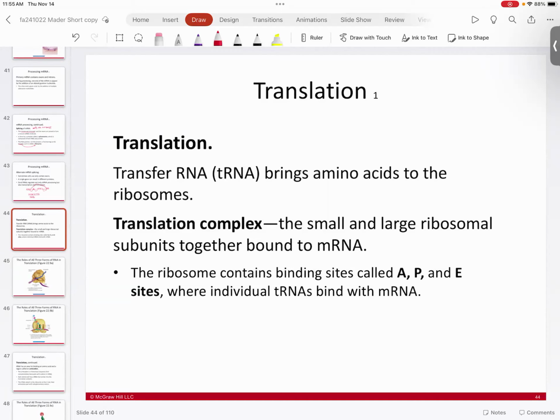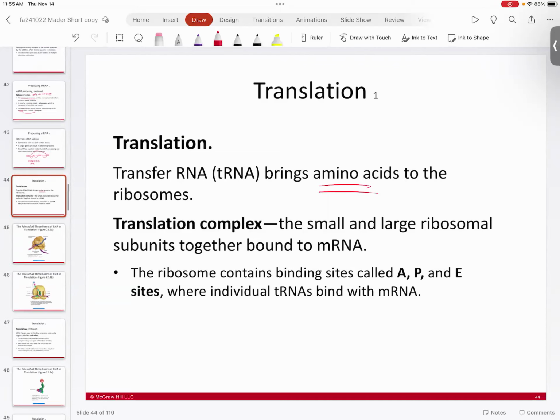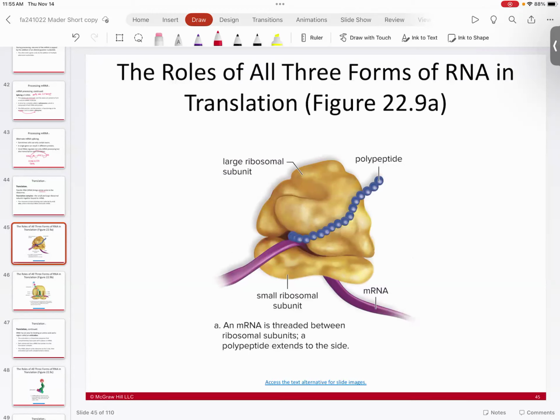This is where your tRNA is going to be bringing the amino acids to the ribosomes to be incorporated into the protein. The translation complex is essentially the ribosome, which is composed of two major subunits, a large and a small subunit, with its ribosomal RNA, and it's going to bind to mRNA. When it does this, it creates three different active sites called the A, P, and E sites, where the individual tRNAs will bind to the mRNA.